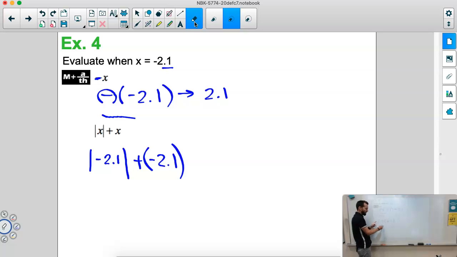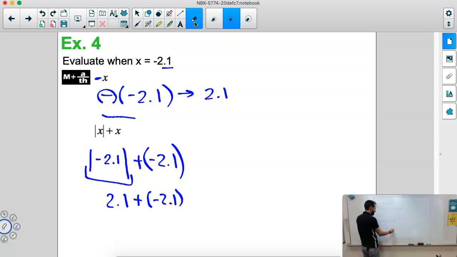The absolute value is going to take my answer here and make it a positive number. That's how far away negative 2.1 is from 0. It's 2.1 spaces. And then I'm going to add a negative 2.1, which, adding a negative, let me just write this again, is the same as subtracting. So 2.1 minus 2.1, or 2.1 plus negative 2.1, is 0.